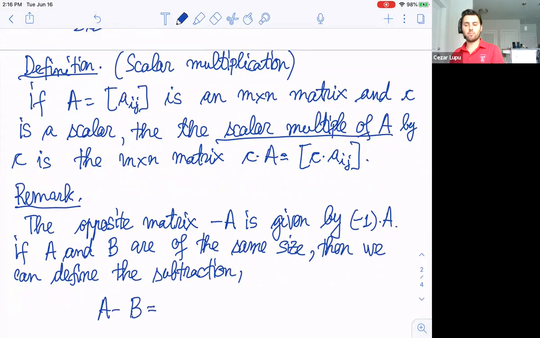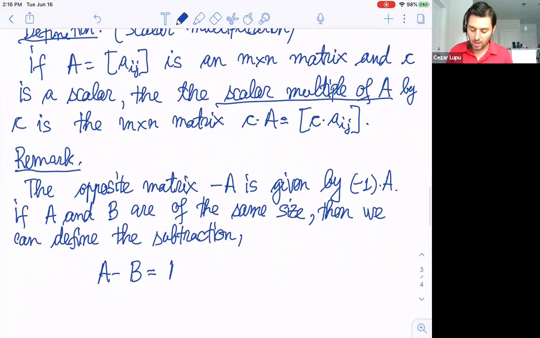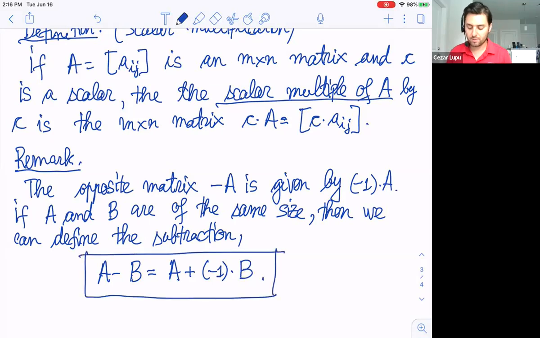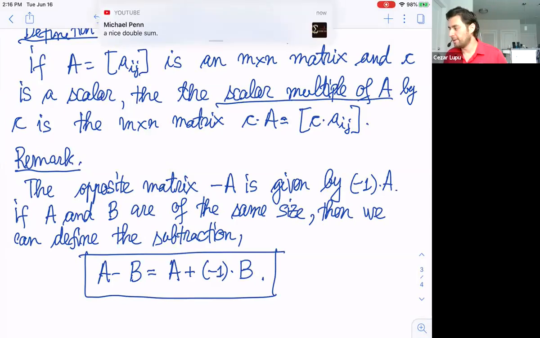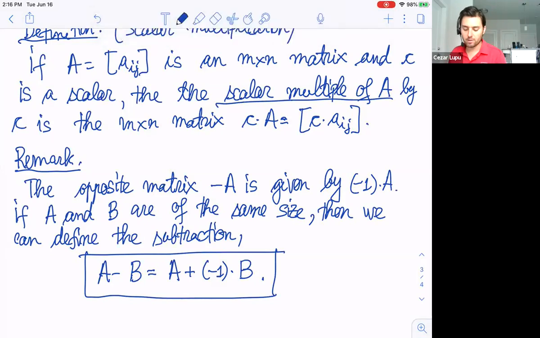The subtraction will be nothing else than just A plus -1 times B. That's it. That's the way you represent the subtraction. Or you can just subtract the two matrices.